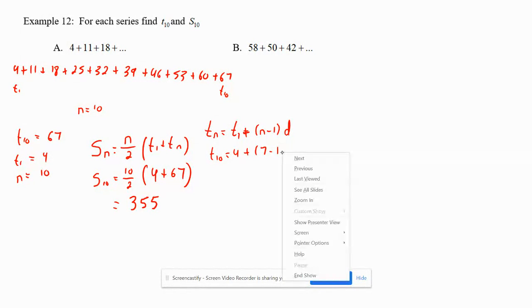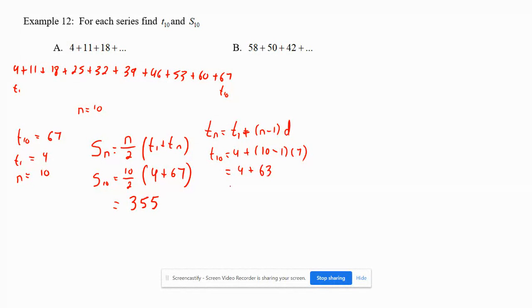My apologies, guys, I messed this up. My n value is 10. So this is 10 minus 1 times my common difference of 7 equals 4 plus 9 times 7, which is 63. 4 plus 63 is 67. So this is another way that we can get the value of T10, using this formula over here.